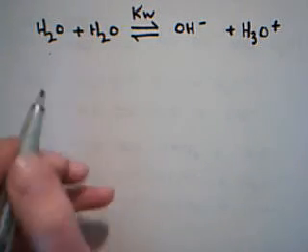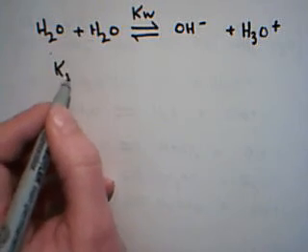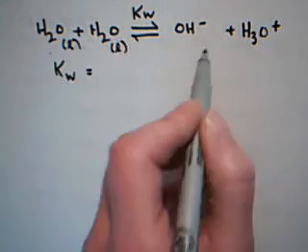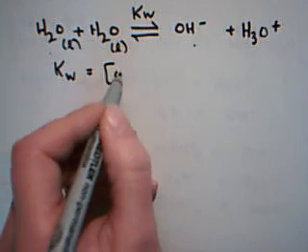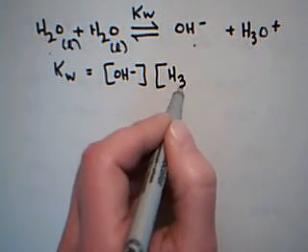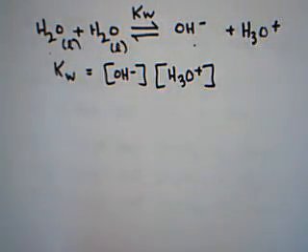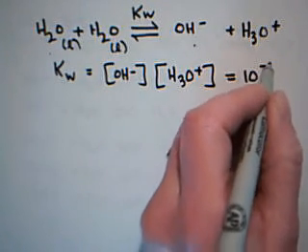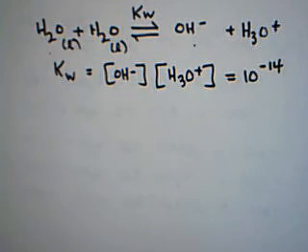Okay, and let's take this just a step further. We know that Kw, therefore, because if this is liquid and this is liquid and these two are aqueous, Kw is equal to OH minus times H3O plus. But we also know that this is equal to 10 to the minus 14, right?